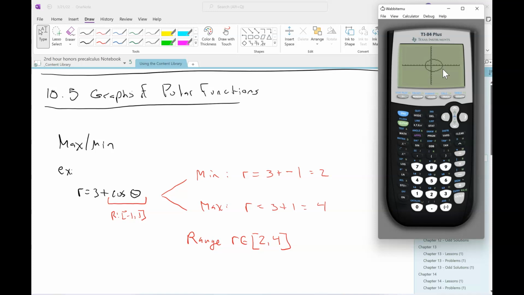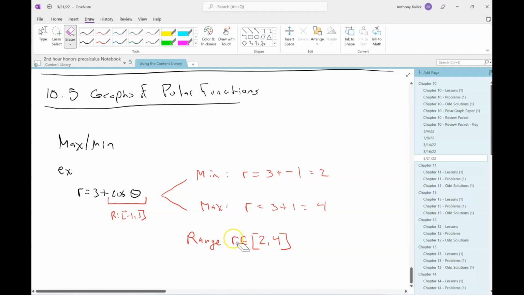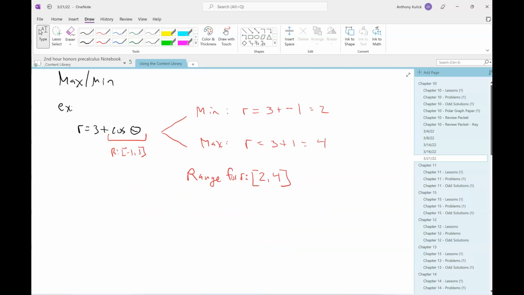Does that feel good? It's my range, I guess we should say, for r. What do you guys think? That's not bad, right?